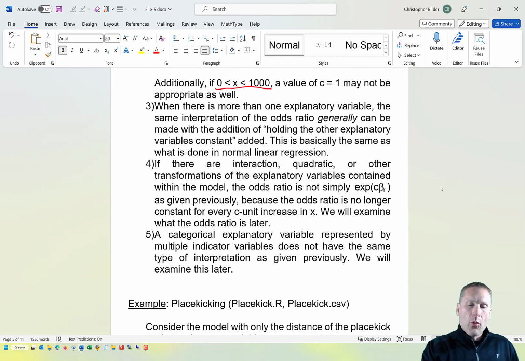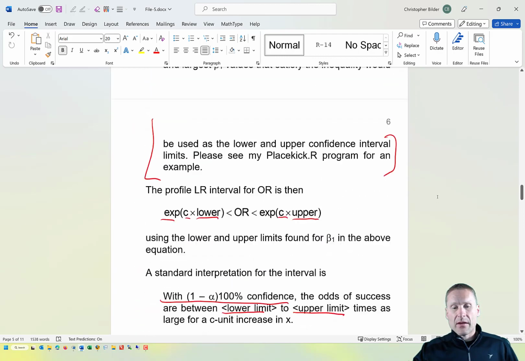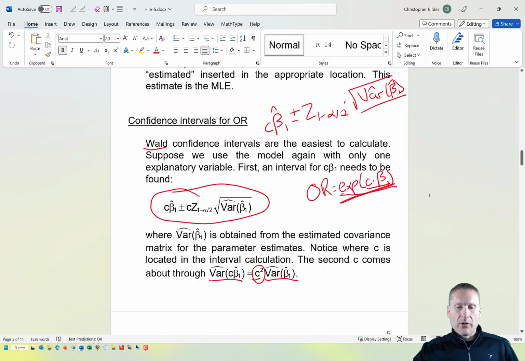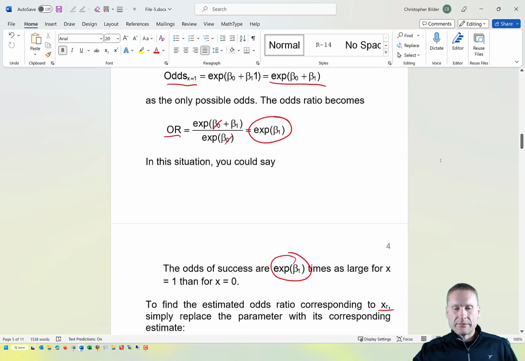Now, when there is more than one explanatory variable in your model, you need to add a little something extra to your interpretation, similar to what you would do for a normal linear regression model. So let's go back to one of our interpretations that we've seen before.